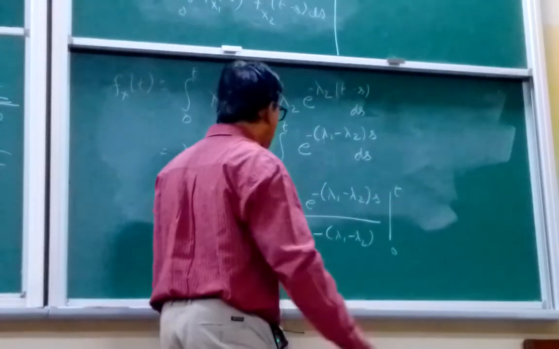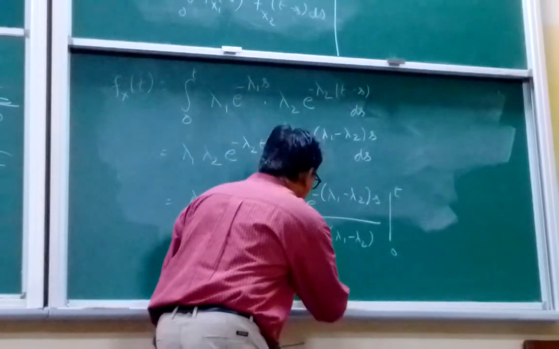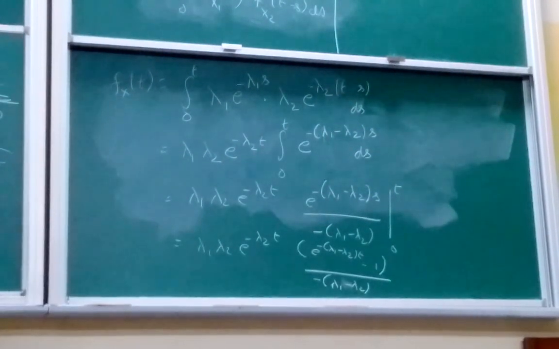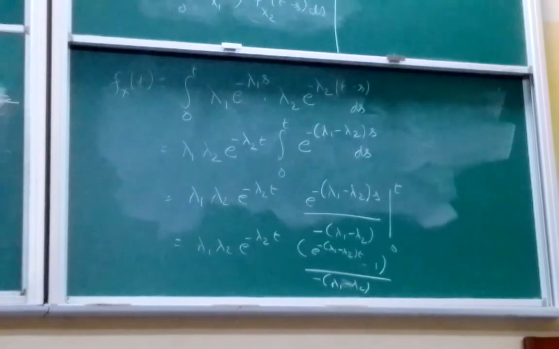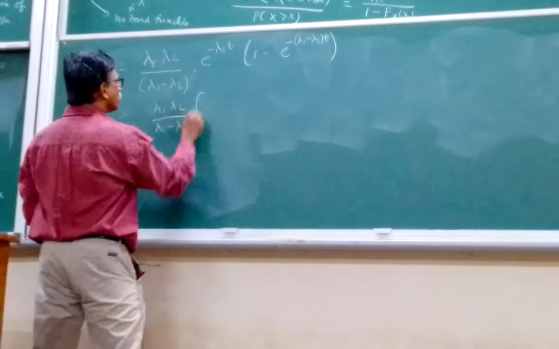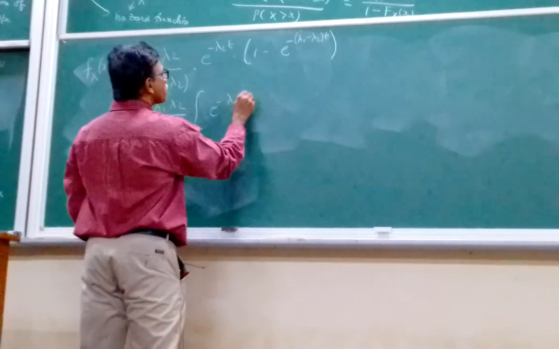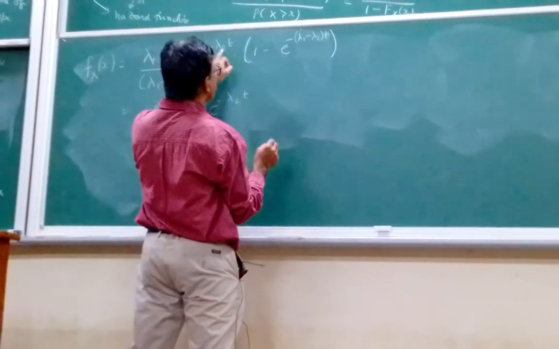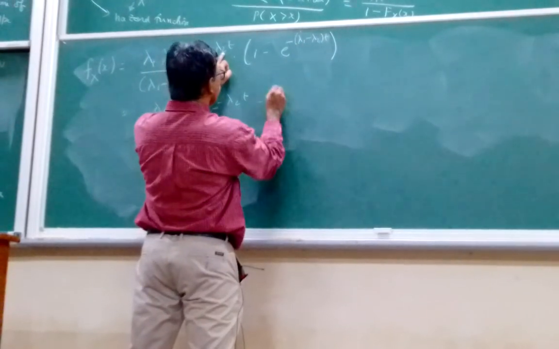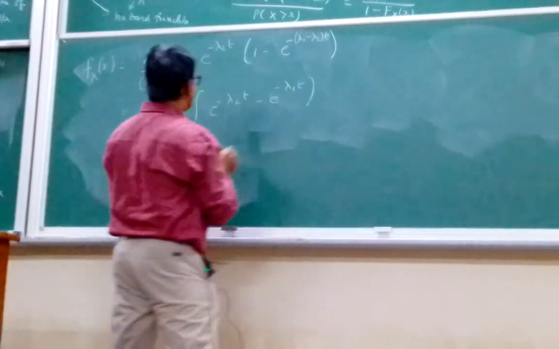So here what will happen is, we put t, and if you multiply here, this goes away. This is what we will get.